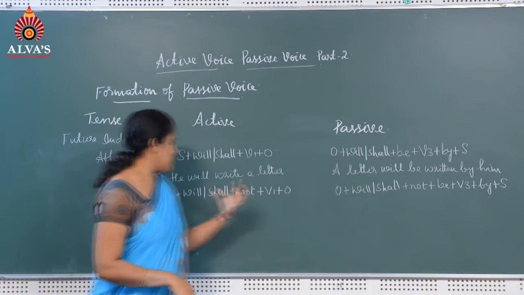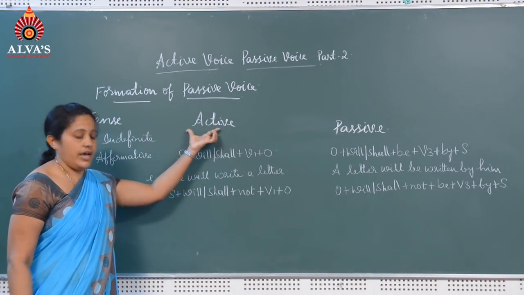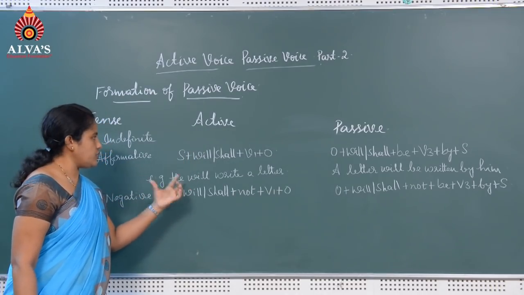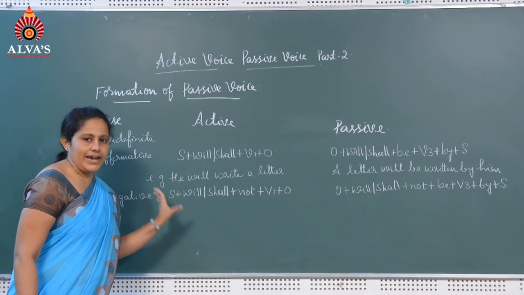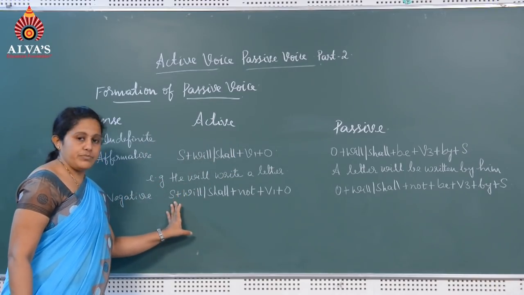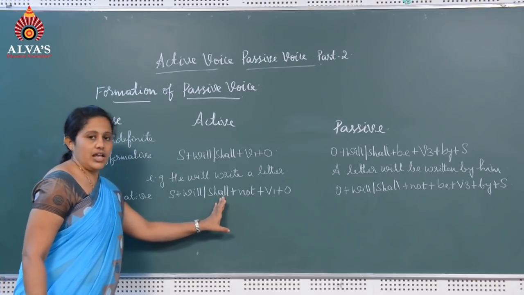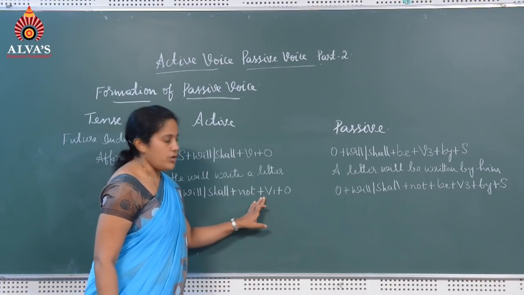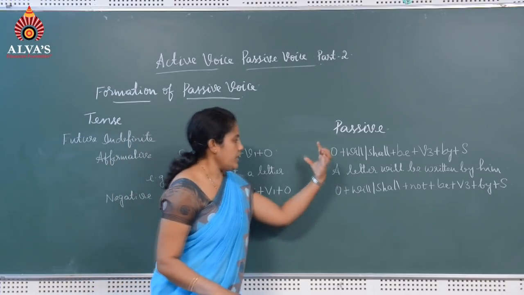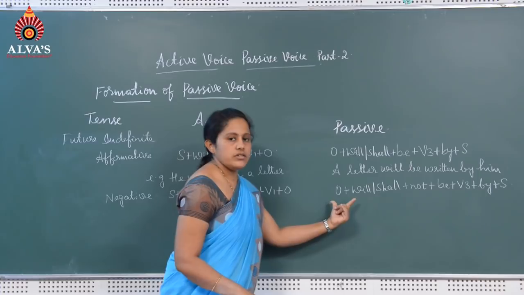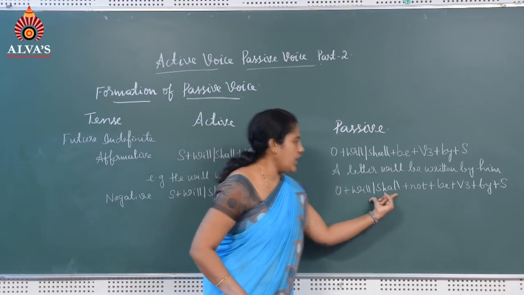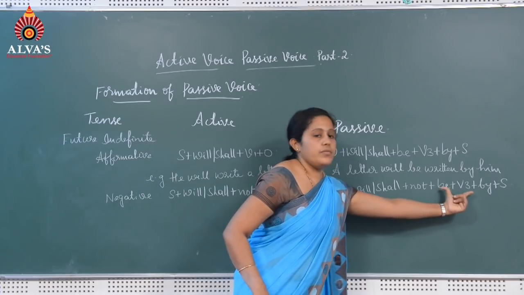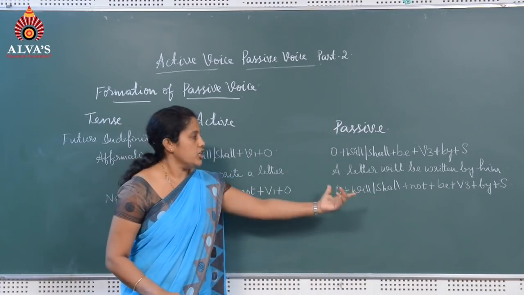So, in the active voice the formula is subject will or shall plus not plus first form of the verb plus a object. That is in the passive voice, object plus will or shall plus not plus be plus a V3 plus by plus a subject.